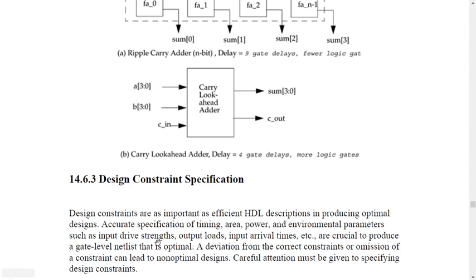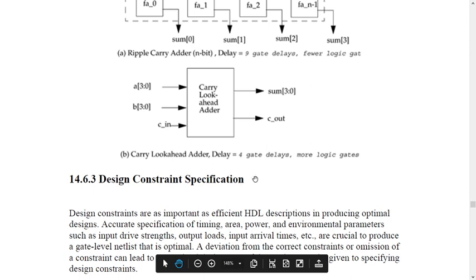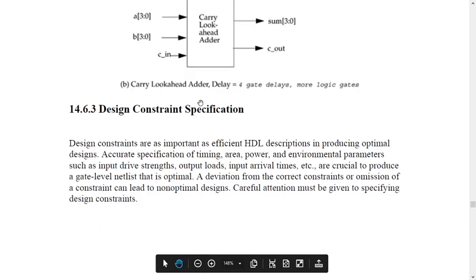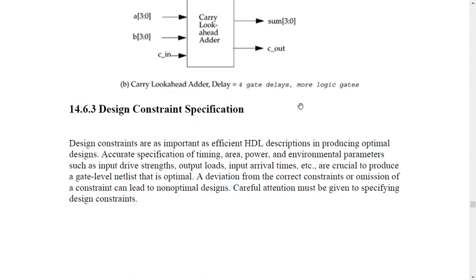Then I will have the design constraint specifications. Whatever I need to design, I should have the specifications, the constraint specifications. When I have all the specifications of the resources available with me, I can design the things.